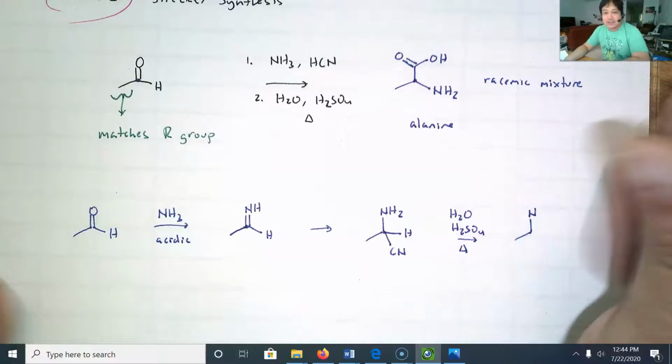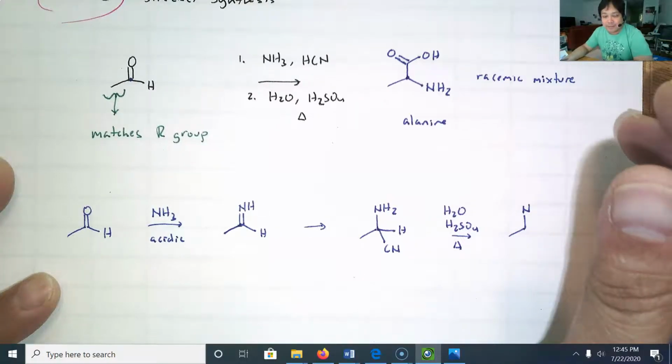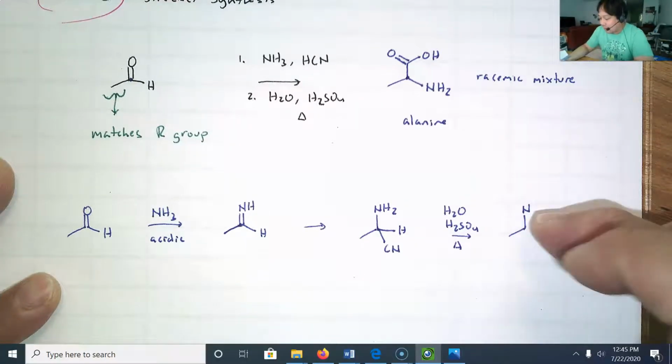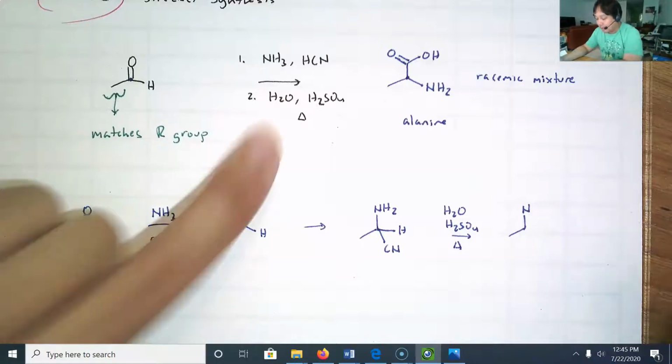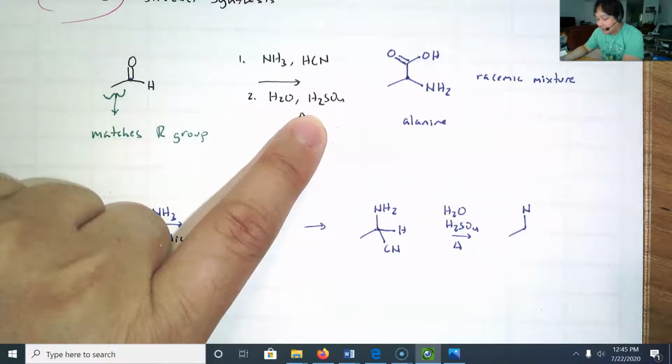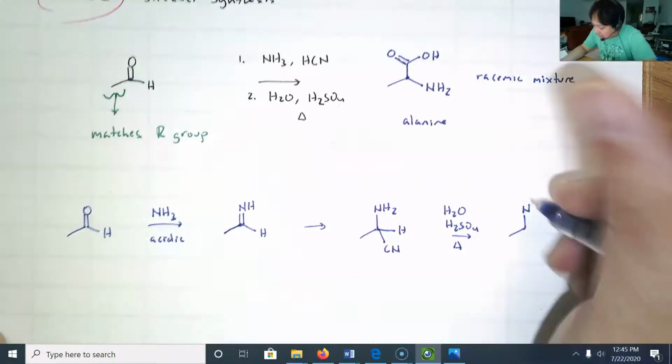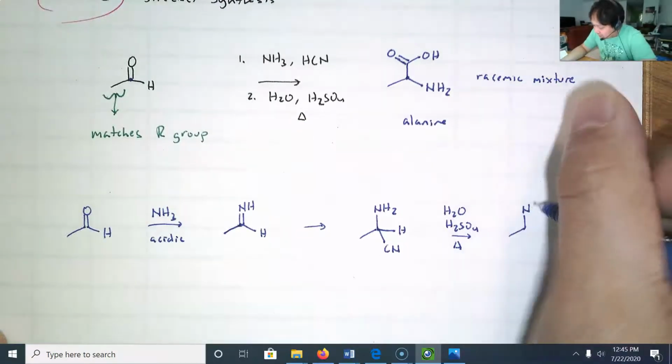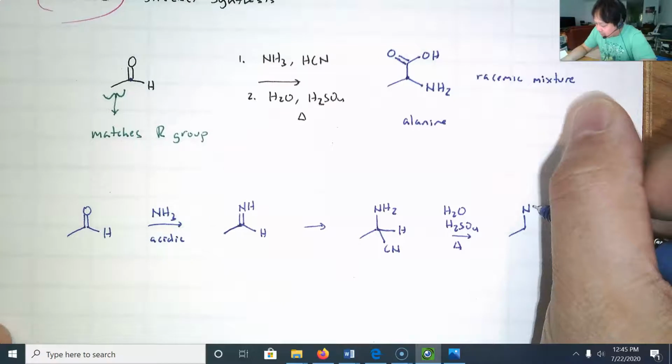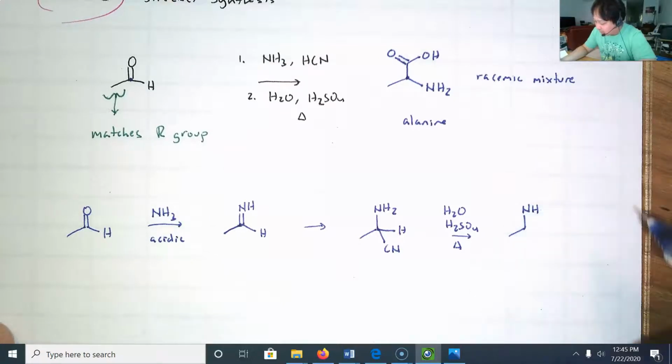Under acidic conditions, maybe we would have an NH3 plus here, but maybe we just have enough acid to do the hydrolysis and not the protonation. I'll decide soon what to do. Yeah, let's do that.